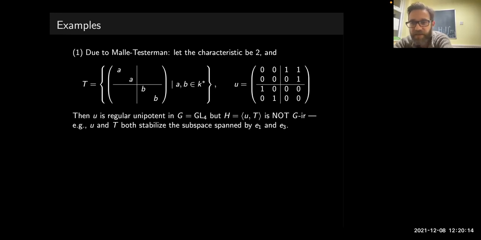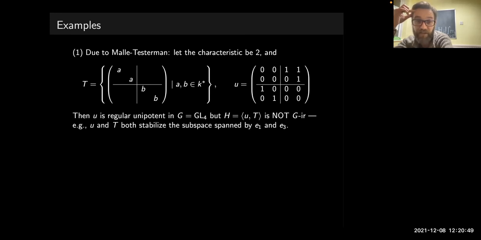Okay, so I can take the subgroup H generated by U and the torus. I get some disconnected group, because U has order 4. This identity component is a torus, and it contains a regular unipotent element of G, but it is not irreducible in this sense of Serre, because, for example, these two subgroups both stabilize the subspace spanned by the first and the third standard basis vector.